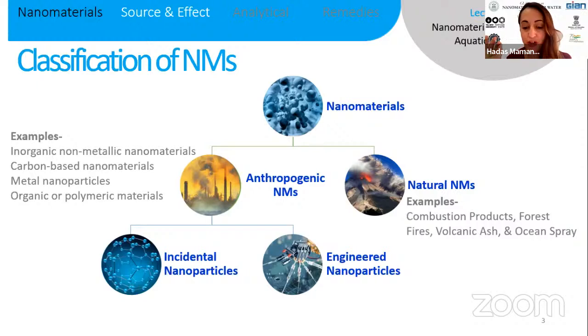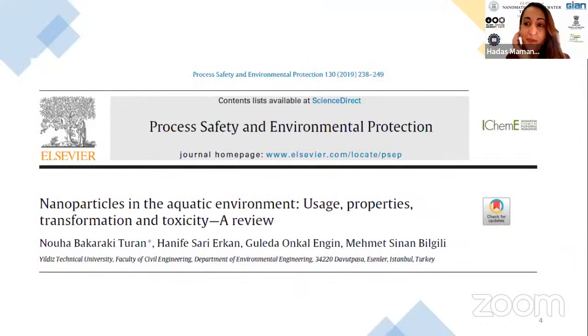So most of these nanoparticles present in the environment are a result of human activities, mainly from industrial production. This paper, for example, and many others show the use, properties, transformation and toxicity of nanoparticles in the aquatic environment, and we will discuss these factors.